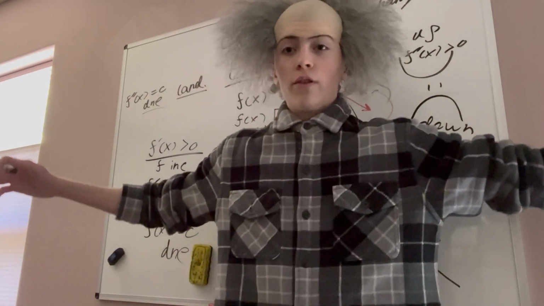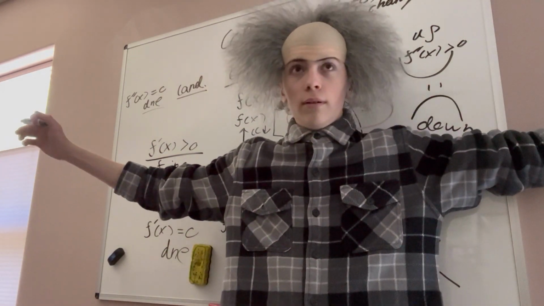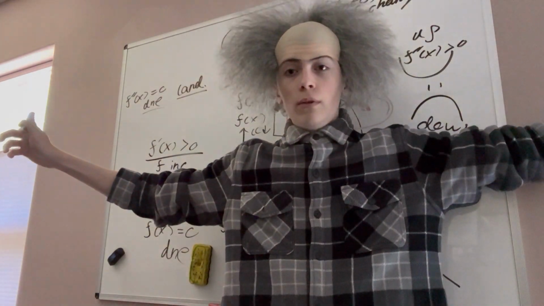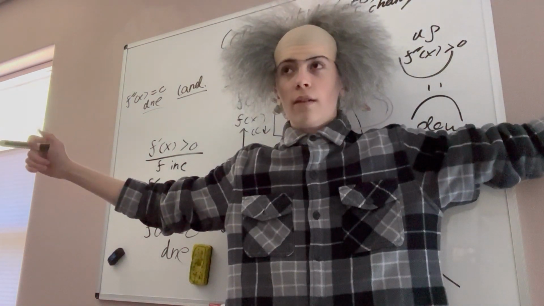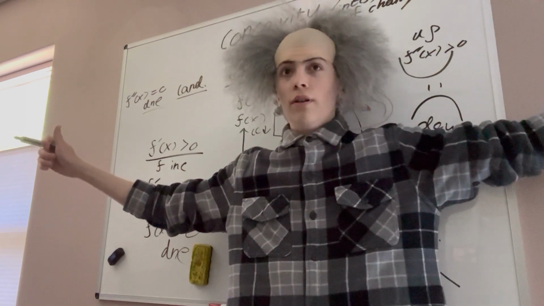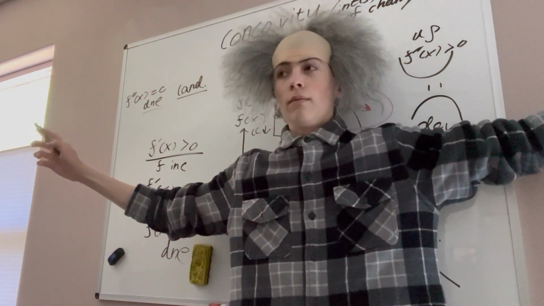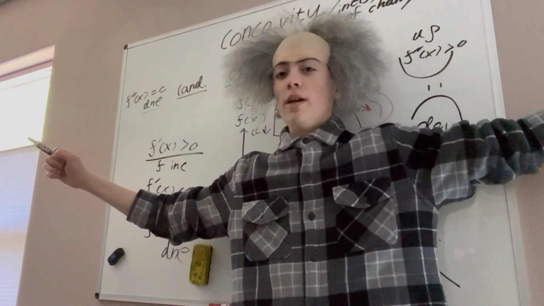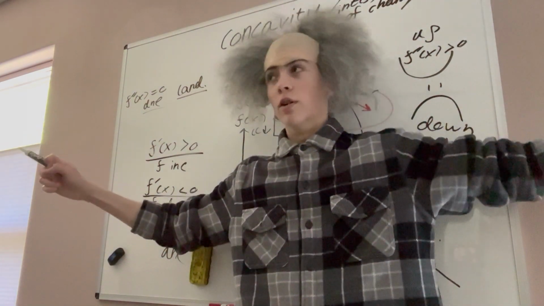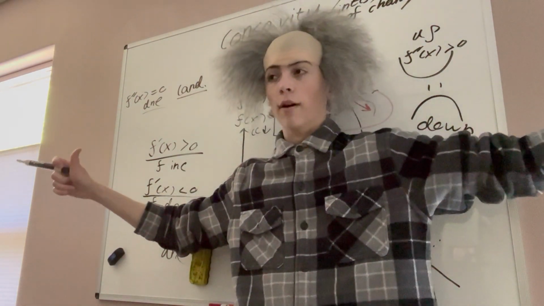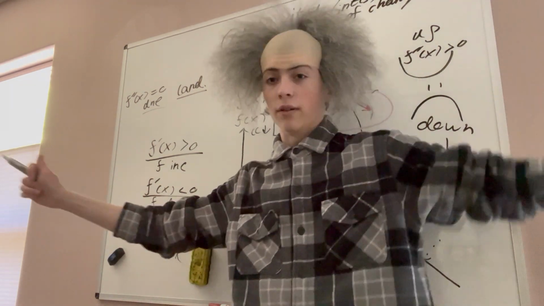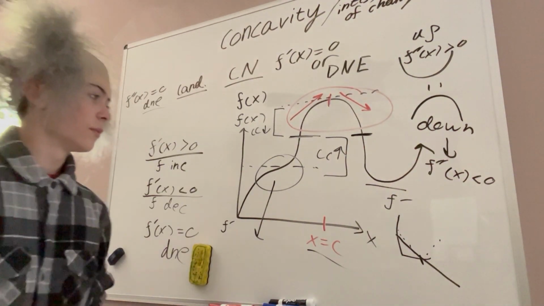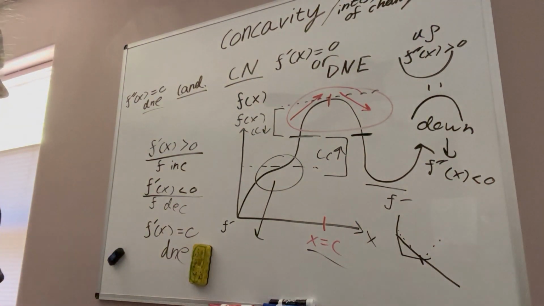I could not show you this graph right now, and if I told you at x equals 0, your function is decreasing, at x equals 2, your function is increasing, what could x equals 1 be? And you could tell me, it could be a critical number, right? Because your derivative goes from negative to positive, your function goes from decreasing to increasing. But starting off, we'll be looking more at graphs.